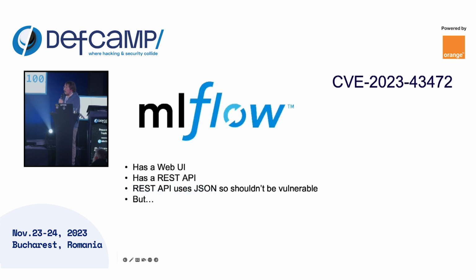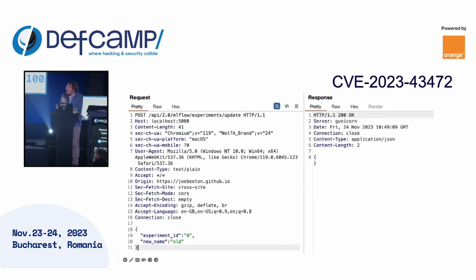So yeah, it has a web UI. It has a REST API which uses JSON. Content type JSON shouldn't be vulnerable, but you can change it. You don't need to set a content type. Well, you do, but it doesn't care. It doesn't check. So if you set the content type to text/plain, you can perform the same class of attack.